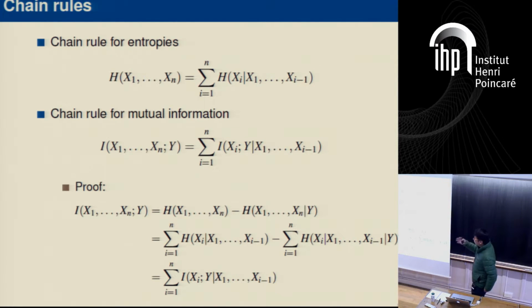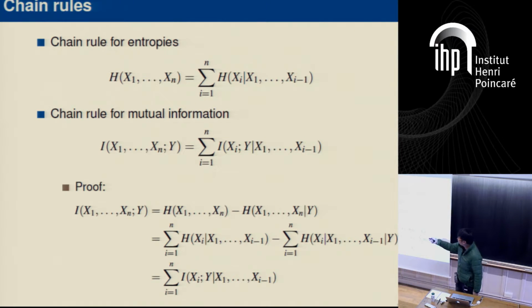Among all these information measures that we have come across so far, there are some very useful relations between them. One of them is called the chain rule. That's basically a relation that breaks the joint entropy of a bunch of random variables into the sum of a collection of conditional entropies. We can also do the chain rule for mutual information.